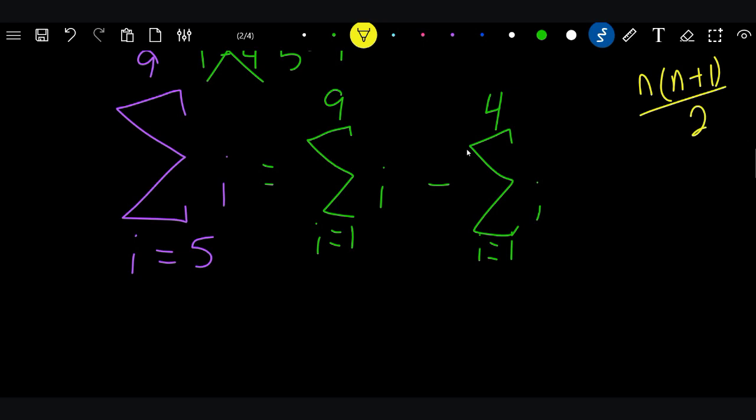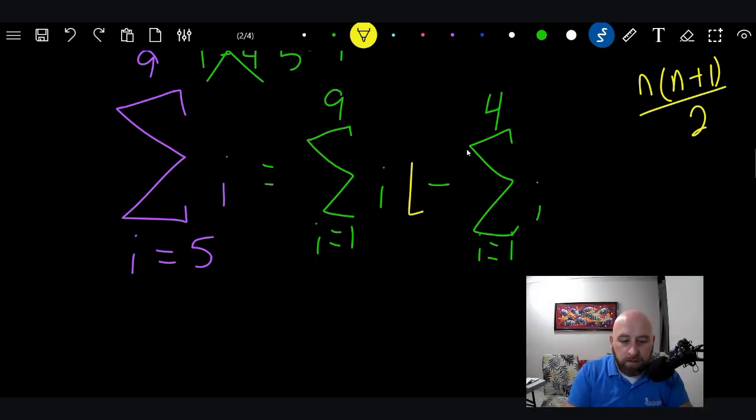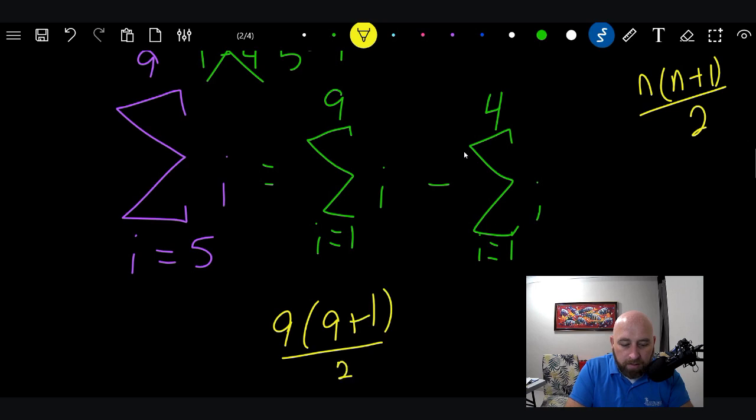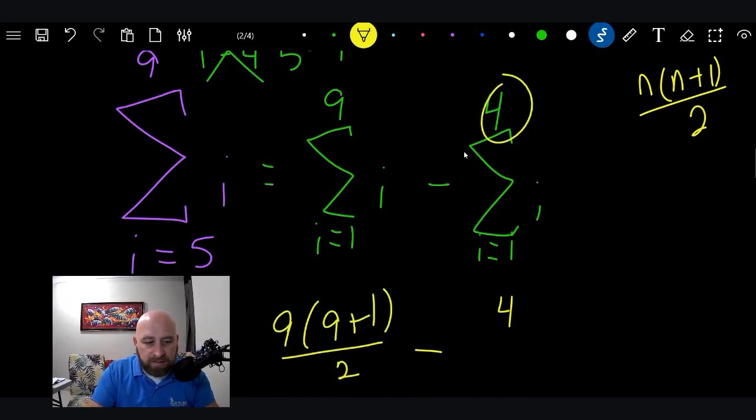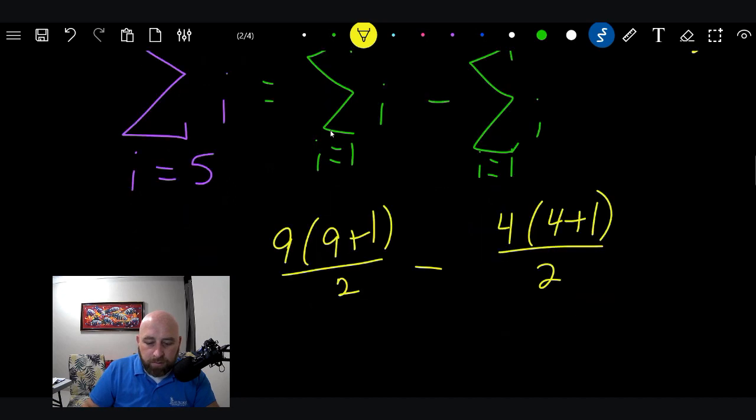We're going to take that formula and do it for that one, and then we're going to subtract, and then we're going to do the formula for this one. So what's the n? The n here is 9, so we're going to do 9 times 9 plus 1 divided by 2, minus, and this one is 4, because that's the upper bound, 4 times 4 plus 1 divided by 2.